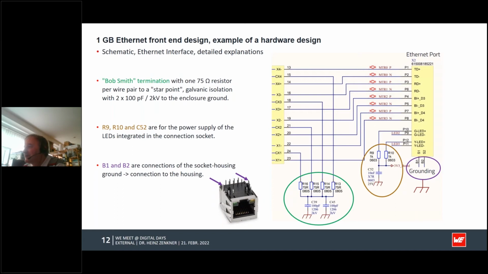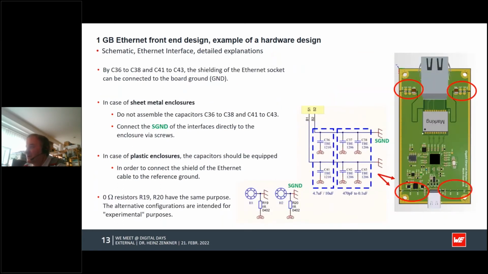Very simple, because I have put one on the left-hand side of the Ethernet connector, and on the right-hand side one underneath. So this is the reason to have it symmetric and to reduce the inductance of the PCB of the connection. This is why I have split it into two values.